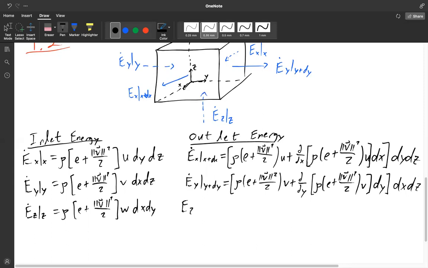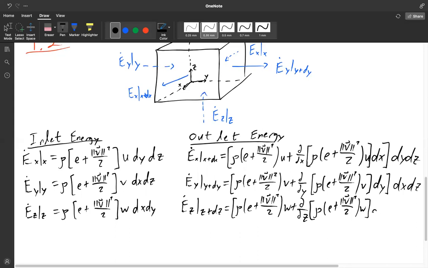For the outlet, E dot z at z plus dz equals rho, and these are partials, dx dy.